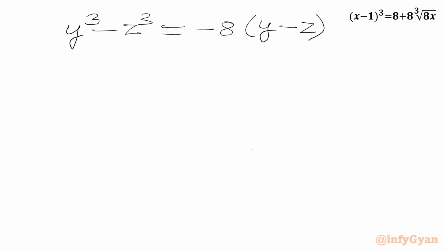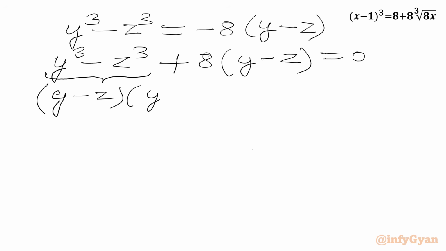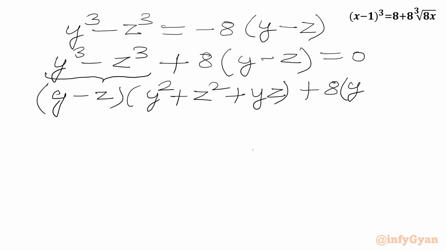We'll write all the terms on one side. So y cube minus z cube plus 8 times y minus z equal to 0. Now we'll be using the difference of two cubes identity over here. We can write y minus z times y square plus z square plus yz, plus 8 times y minus z, also equal to 0.